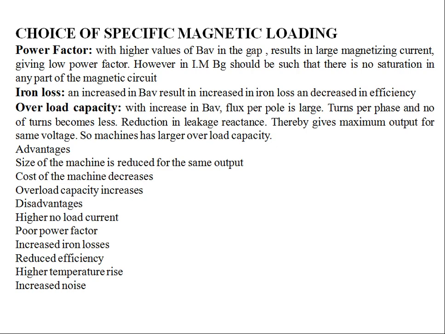So the value of flux density in air gap should be small, because if it is not small, it draws high magnetizing current. So this leads to the poor power factor.